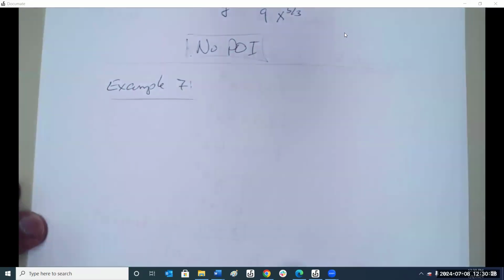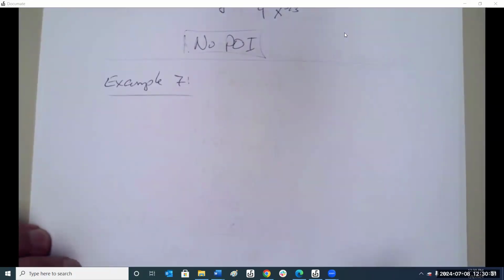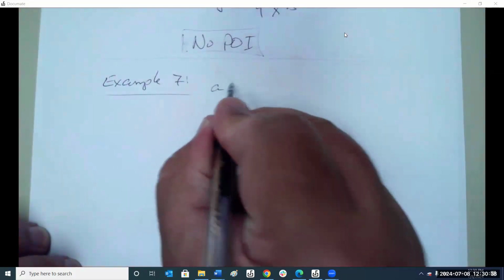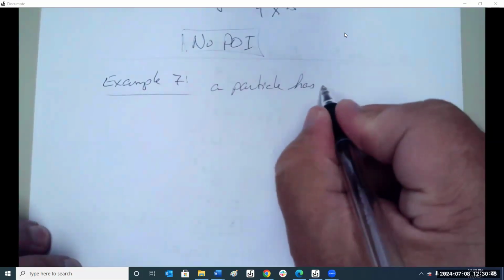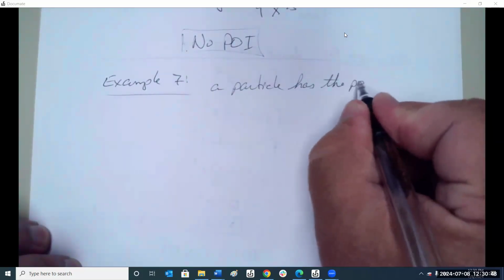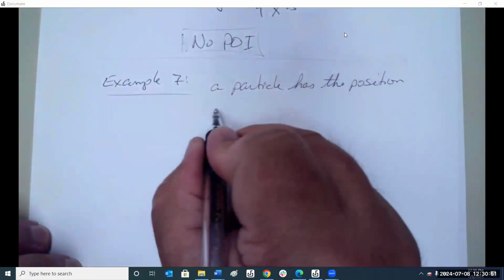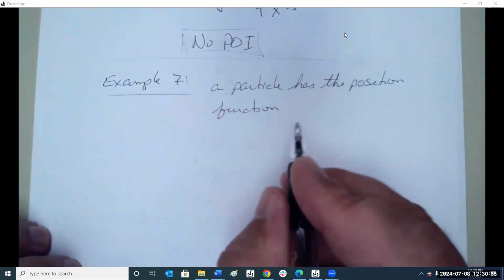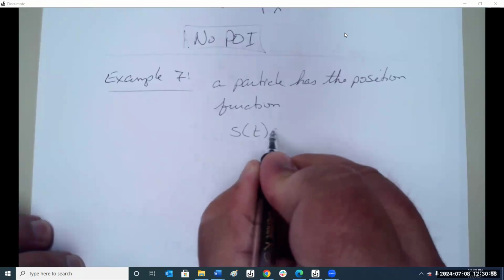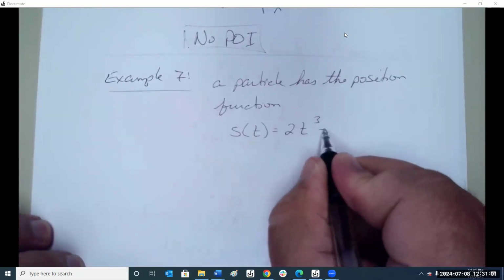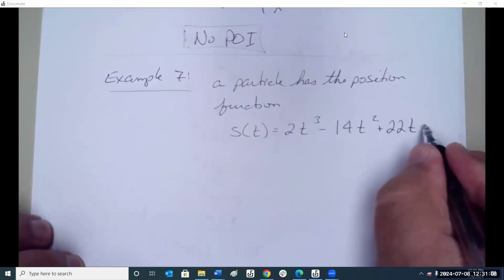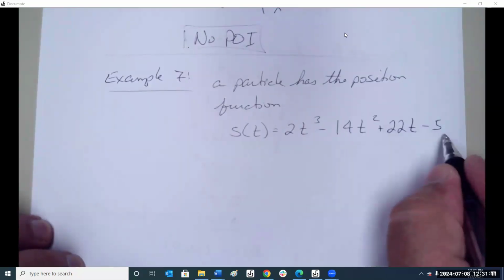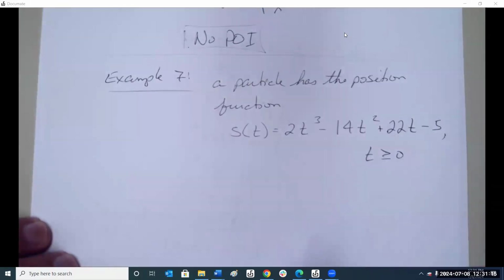Example 7. A particle moving along a horizontal coordinate line with position function s equals 2t cubed minus 14t squared plus 22t minus 5 for all t greater than or equal to 0.